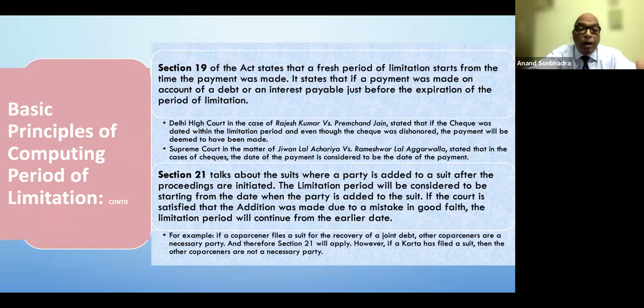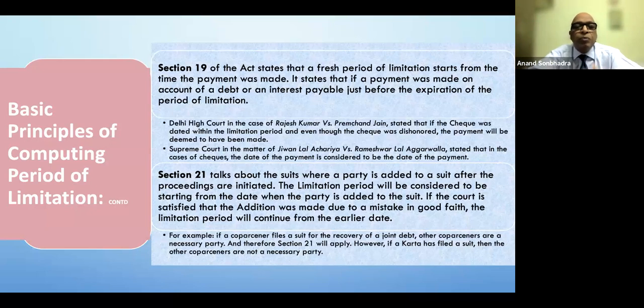And the Honorable Apex Court in the matter of Jeevan Lal Acharya versus Rameshwar Lal Agarwal stated that in case of checks, the date of payment is the date mentioned on the check as the date of drawing.